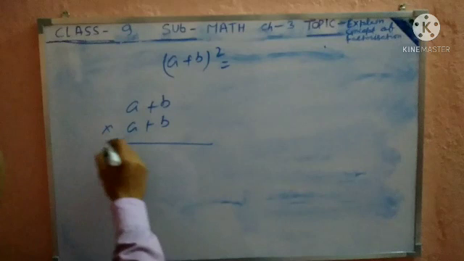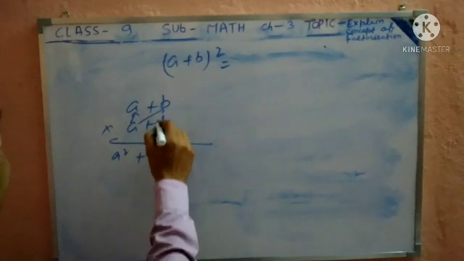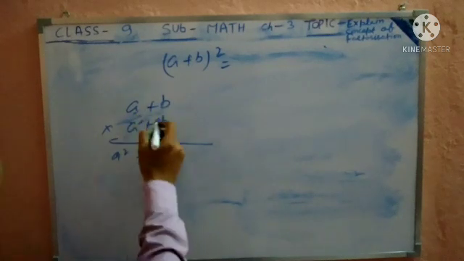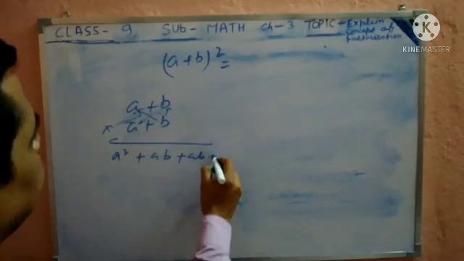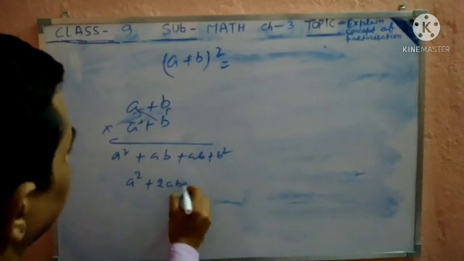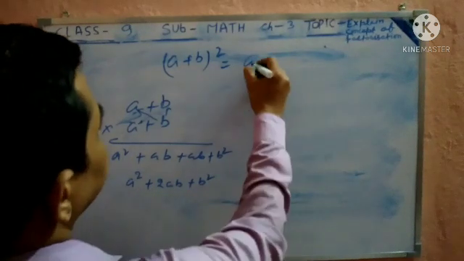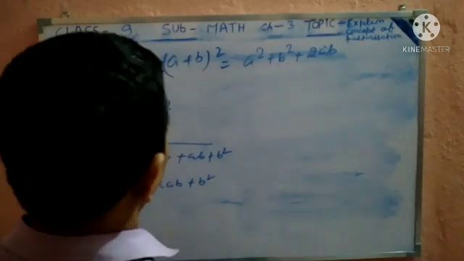That is a into a, a square, plus a into b, ab, and with the other term, a into b, ab, and b into b, b square. So a square plus 2ab plus b square, that is a square plus b square plus 2ab.